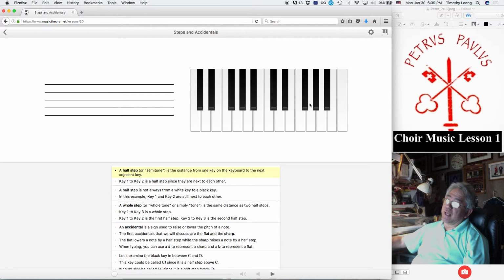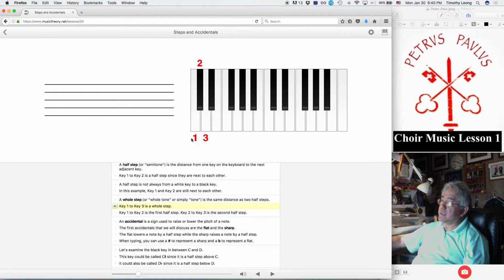When you get to the black keys, that's when you get to sharps and flats. And you can scroll through this, okay? So, a whole step, key 1, 2, 3 is a whole step, like that. A half step would be to a sharp or a flat key.